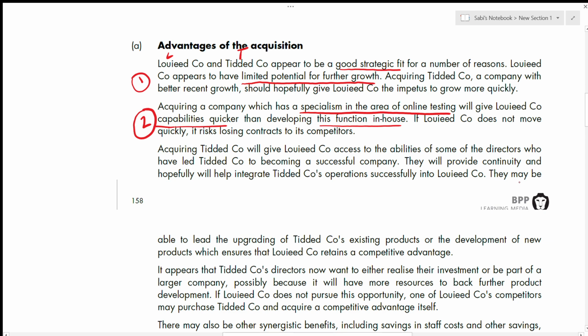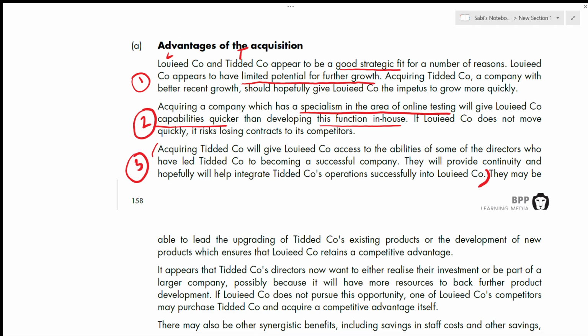They may be able to lead the upgrading of TDET company's existing products or the development of new products, which ensures that Louieed company retains a competitive advantage. If you write this much, it is enough. You don't need to write more, because even under exam conditions you will not be able to write so much. So this is your third advantage: you can integrate successfully because of the directors.